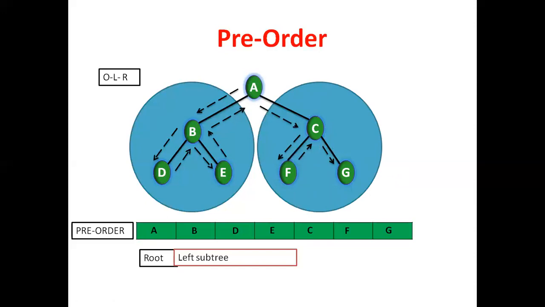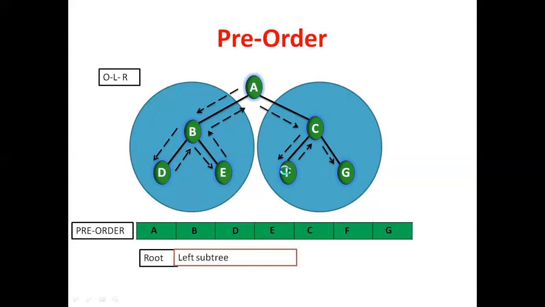Right. So according to the Euler formula, root is visited first, and the left subtree visited. Those are BDE elements. In those BDE elements, we are applying the Euler formula. That is in the left subtree, what is the root node? B. Root node visited. Then after left node D visited. Then after right node E visited.